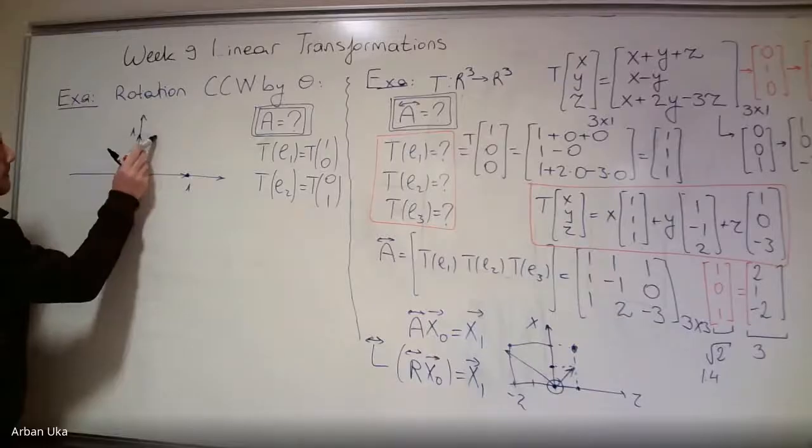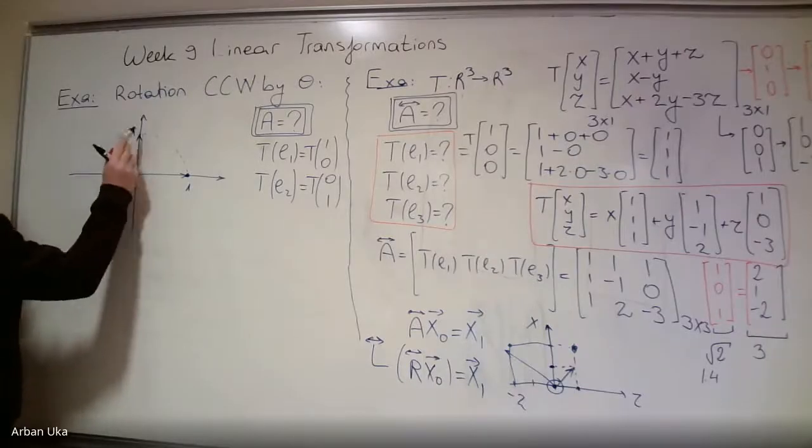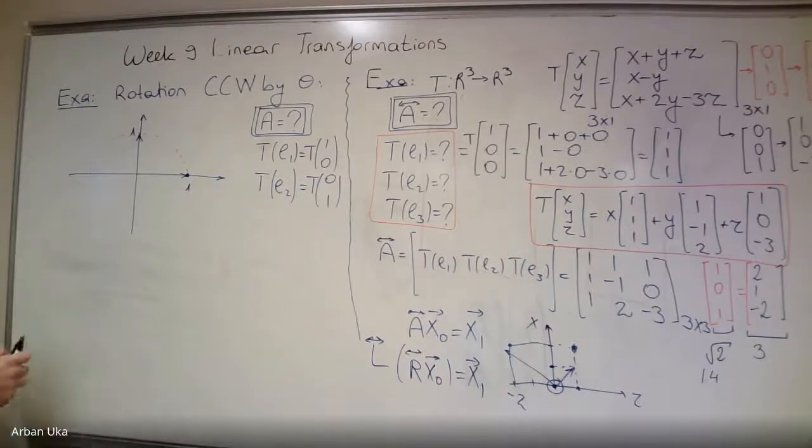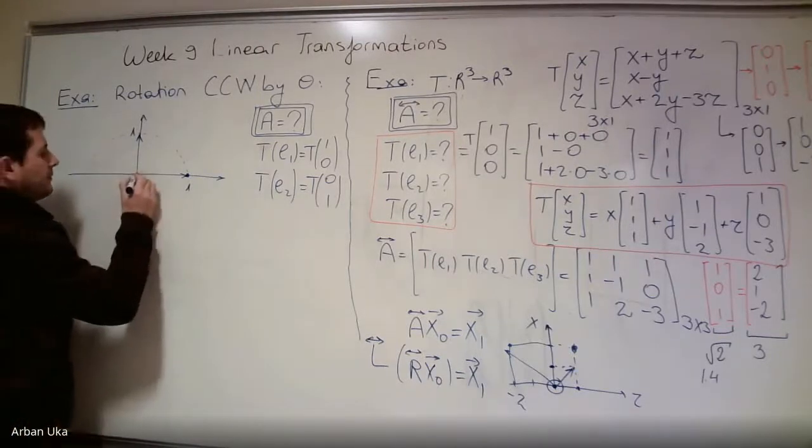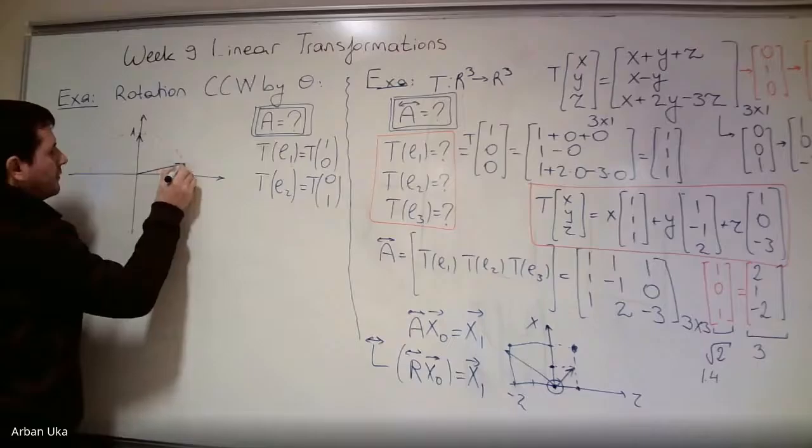We already know the angle they form with the x-axis. What is the angle? For 1, 0 it is 0 degrees, and for 0, 1 it is 90 degrees counterclockwise.